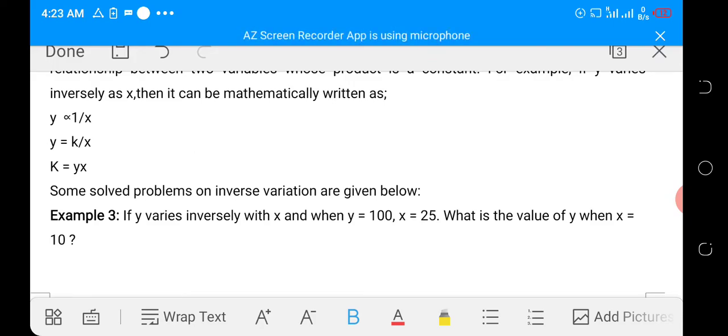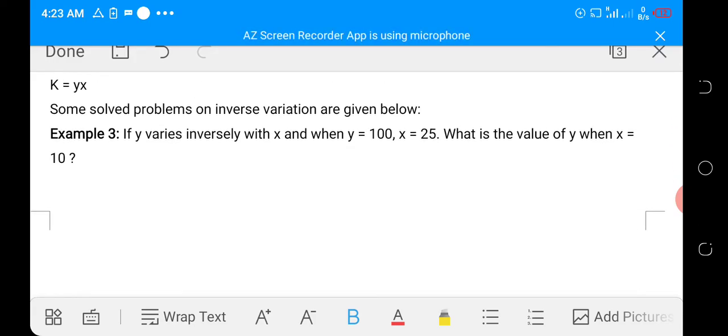Example 3. If y varies inversely with x, and when y is equal to 100, x is equal to 25, what is the value of y when x is equal to 10? This question tells us that y varies inversely with x.